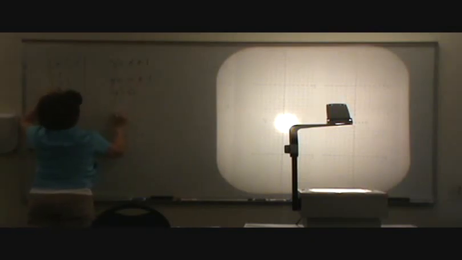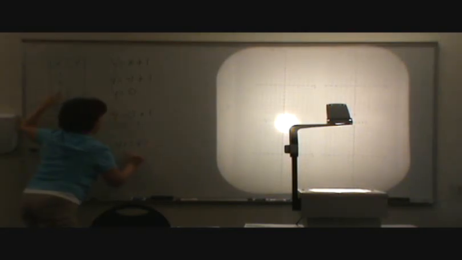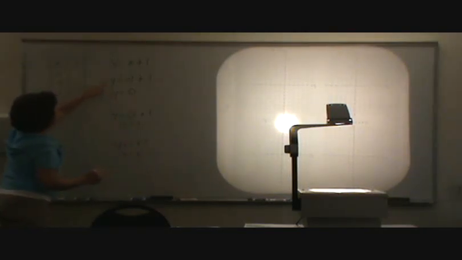If x is 0, y equals 0 plus 1, y is going to be 1. And if x is 1, y equals 1 plus 1, y is 2. So for x is -1, y is 0. For x is 0, y is 1. And for x is 1, y is 2.